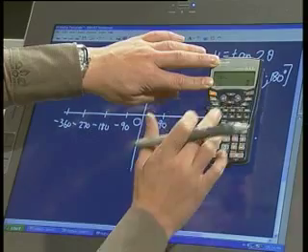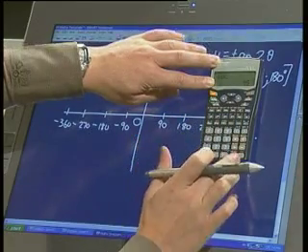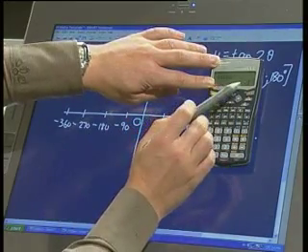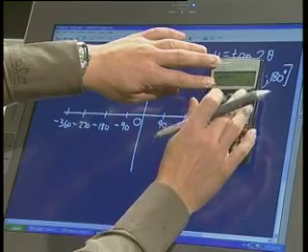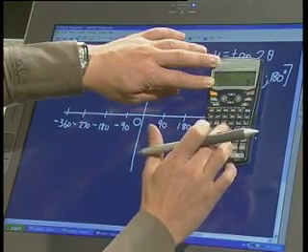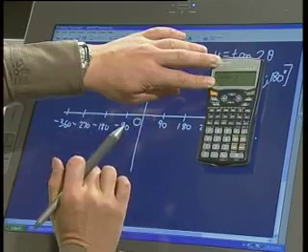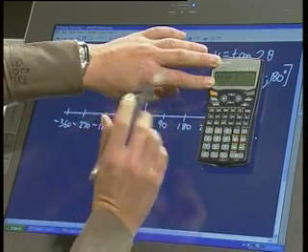If you enter tan 45 equals, it gives you the answer of 1. And if you enter tan 90 and press equals, it gives you an error.